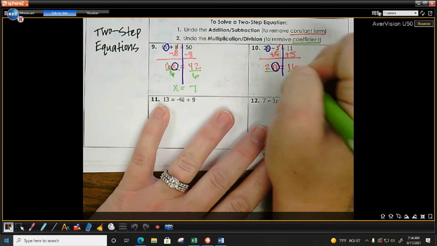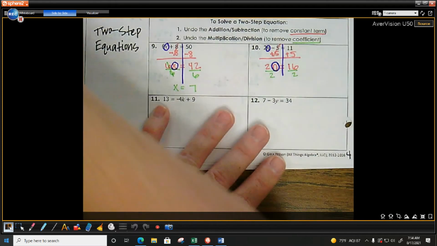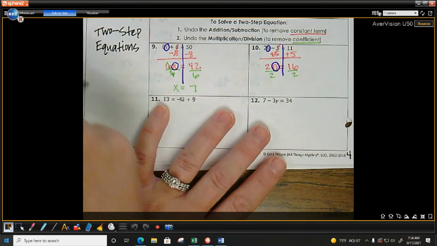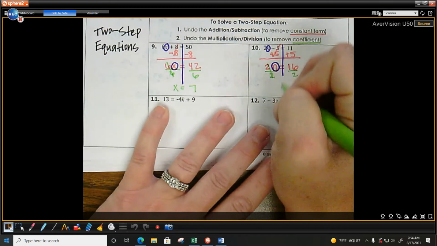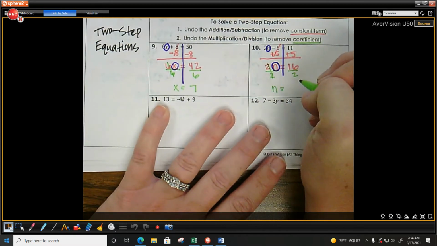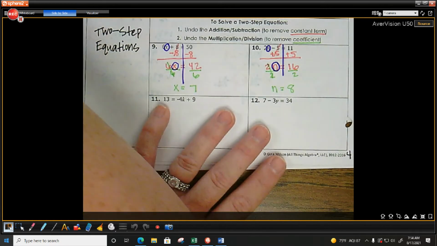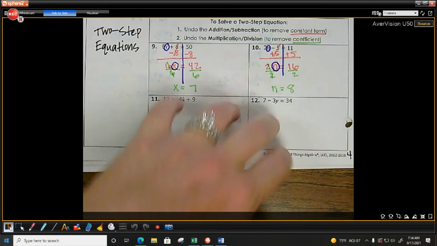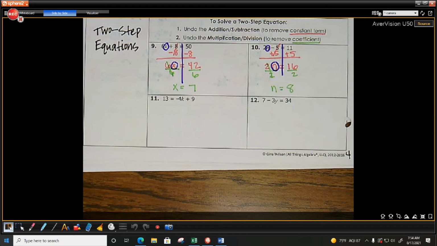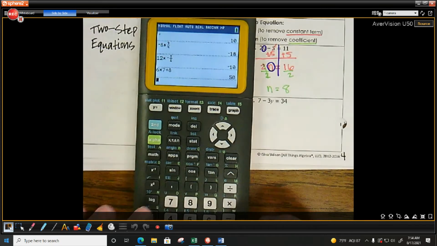Remember, what you do to one side, you have to do to the other. Okay? So I get n equals 8. Good? Check yourself. 2 times 8 minus 5 gives me 11.